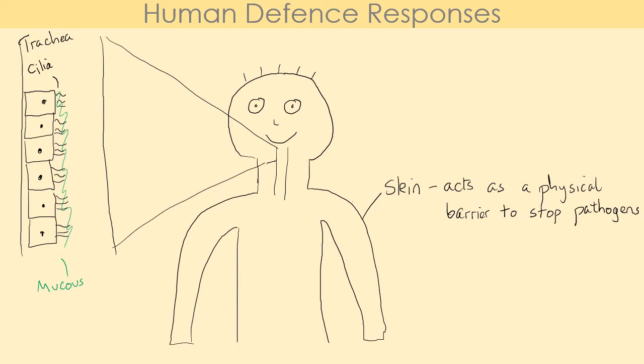The mucus will trap dirt and pathogens, and the cilia will sway the mucus up and out of the trachea.